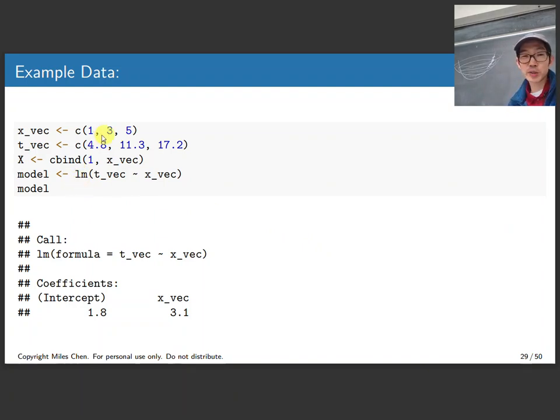And so here I have this very, very simple, tiny little data set. My x values are 1, 3, and 5.